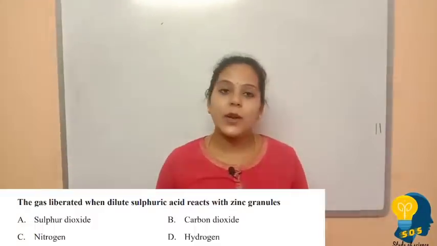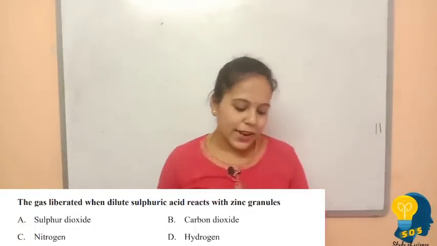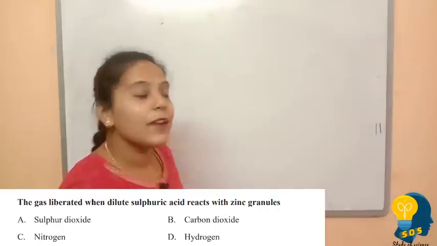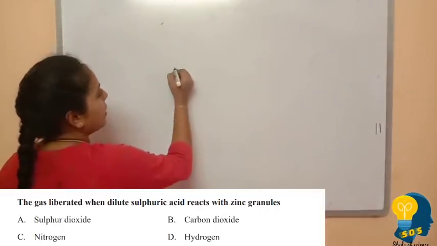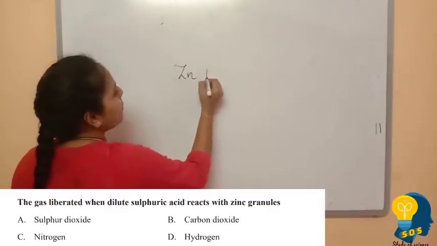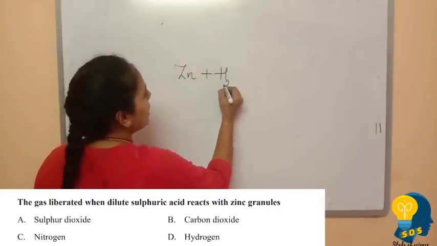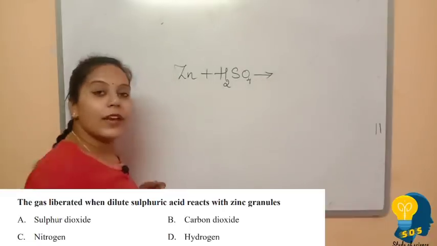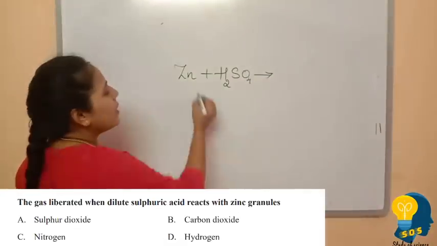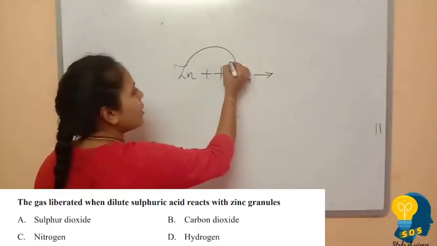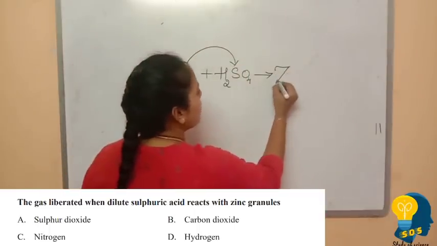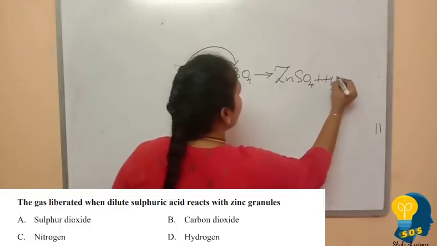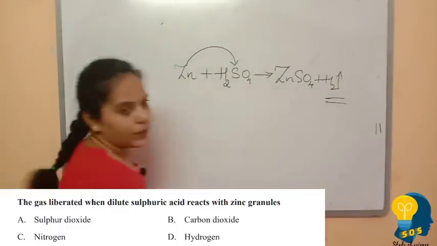The next question is: the gas liberated when dilute sulfuric acid reacts with zinc. Whenever zinc reacts with dilute sulfuric acid, H2SO4, we have to identify the gas released. Zinc, when it reacts with the sulfuric acid, gives zinc sulfate and hydrogen gas is released.